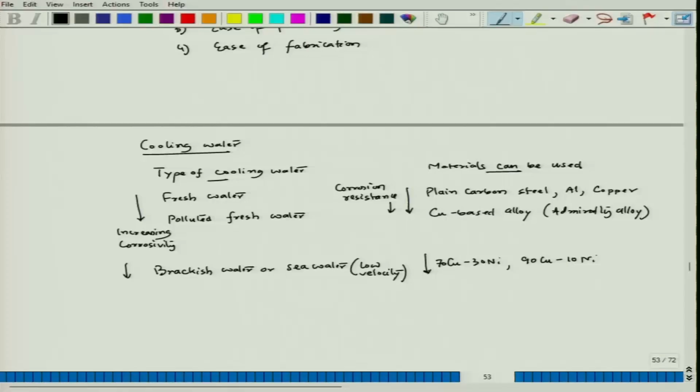Okay. Now, we can go to a much serious corrosive solution, much higher corrosivity like pure and polluted seawater. Now, it can be of high velocity.